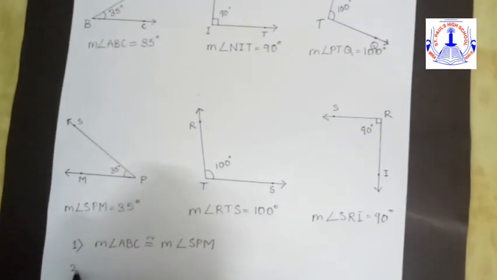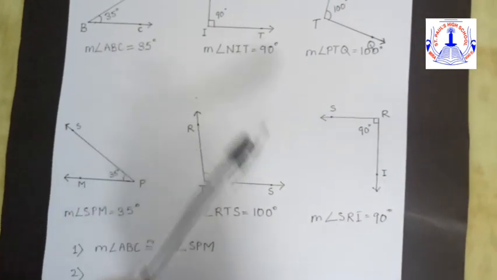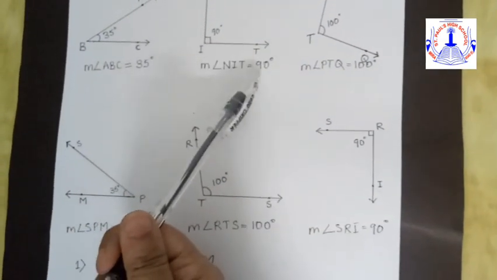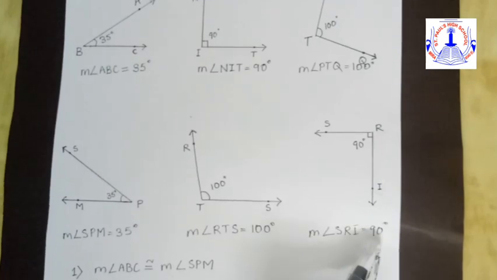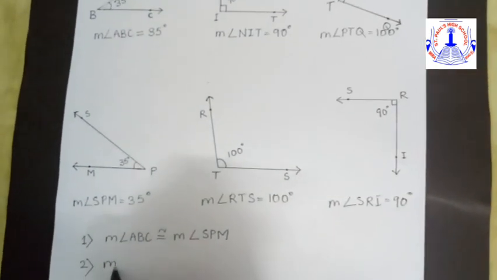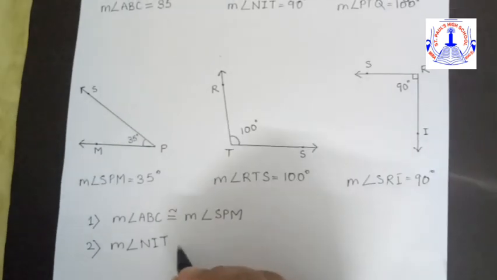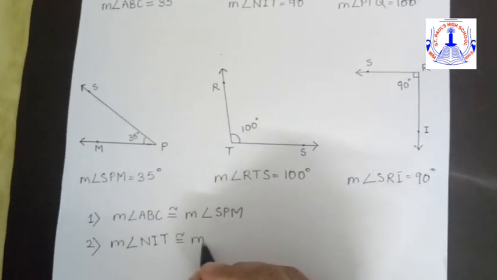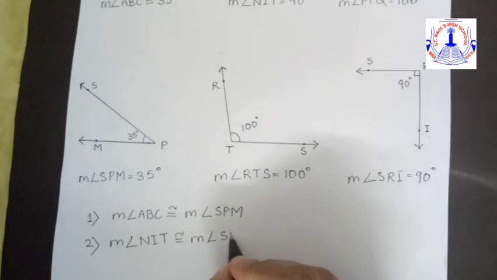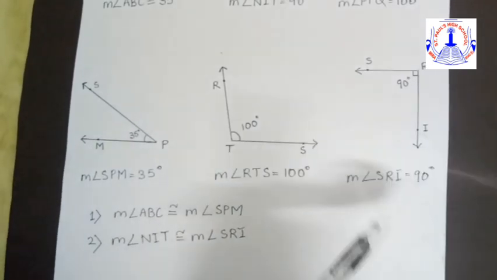Now the second one, 90 and 90. NIT and SRI both are 90 degree. So measure angle NIT is congruent to measure angle SRI. Both are of 90 degree.